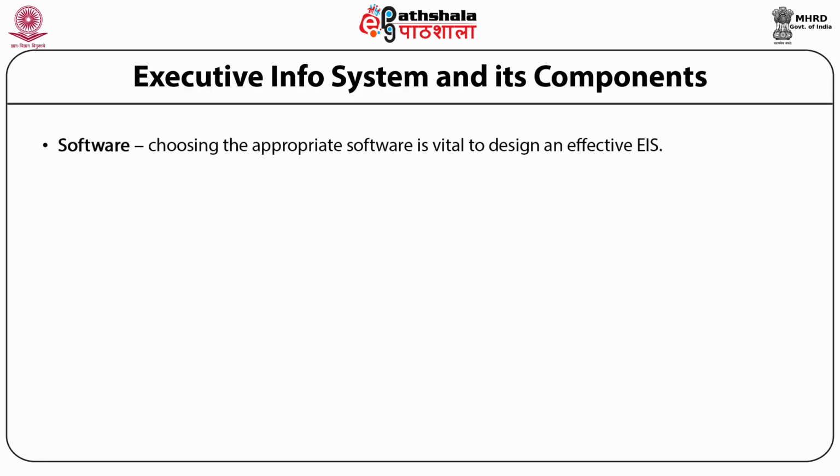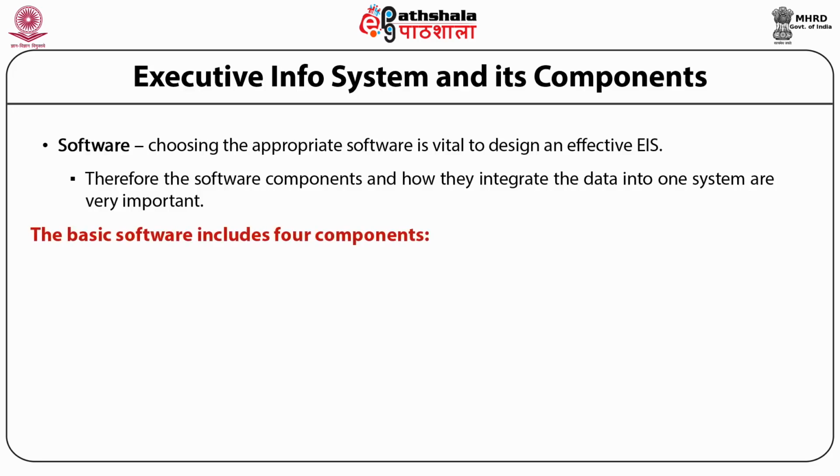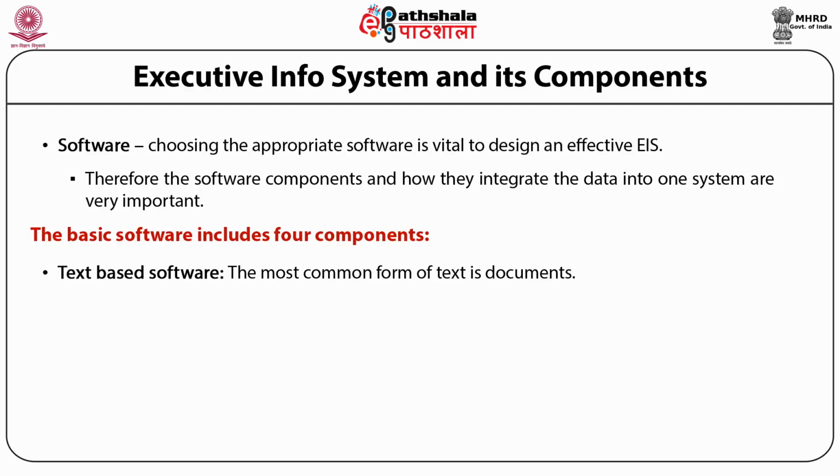Software. While choosing the appropriate software, it is vital to design an effective EIS. Therefore, the software components and how they integrate the data into one system are very important. The basic software includes 4 components. Text-based software. The most common form of text is documents.